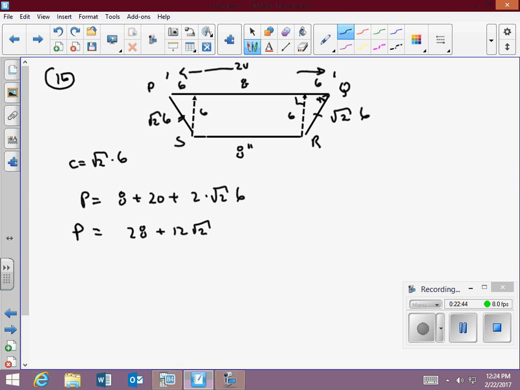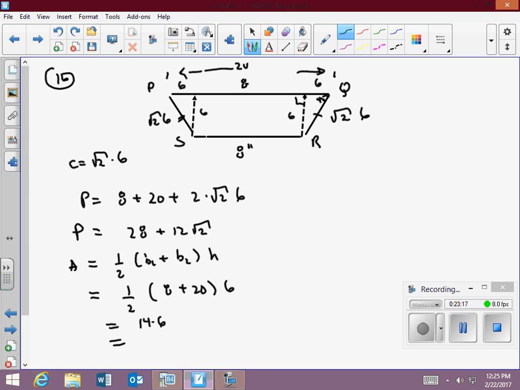And then the area equals 1/2 base 1 plus base 2 times the height. So it's 1/2 of 8 plus 20 times 6. So this is 14 times 6.